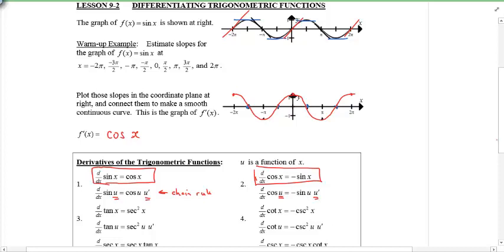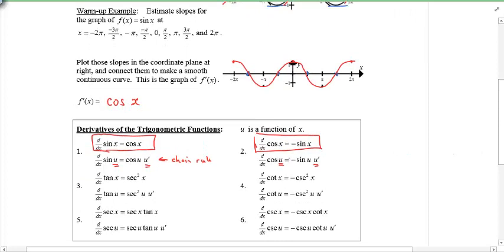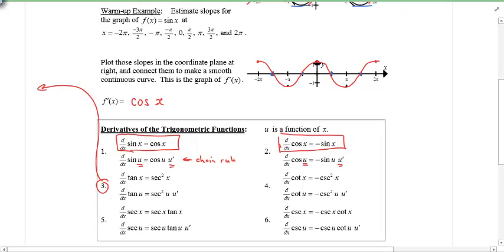Now, this tangent one, I'm going to ask us to try to prove over here. I can do that by saying that tangent of x is equal to sine x over cosine x. So if I wanted to take the derivative of tangent, I just have to take the derivative of sine over cos. That's a quotient, so I need the quotient rule.